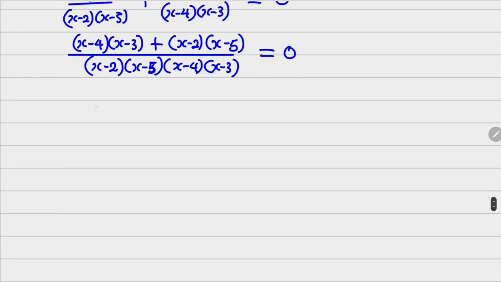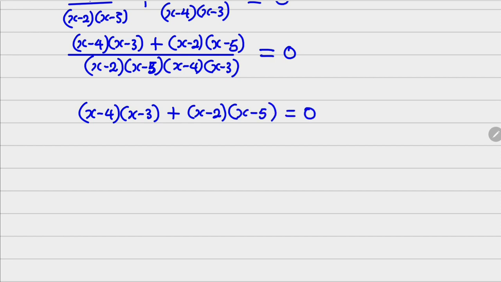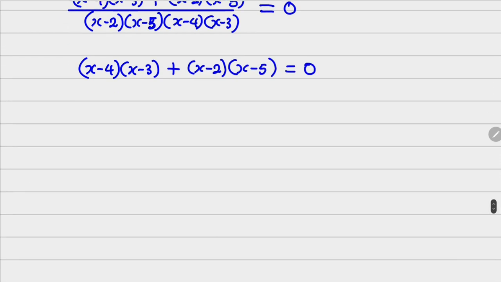Now, when I cross multiply, I will end up with having (x minus 4) into (x minus 3) plus (x minus 2) into (x minus 5) is equal to 0. I will expand, then rearrange.